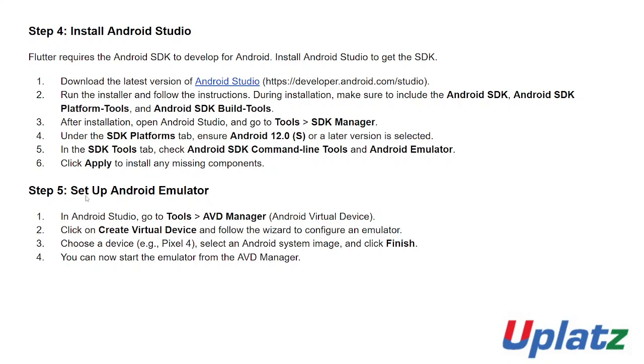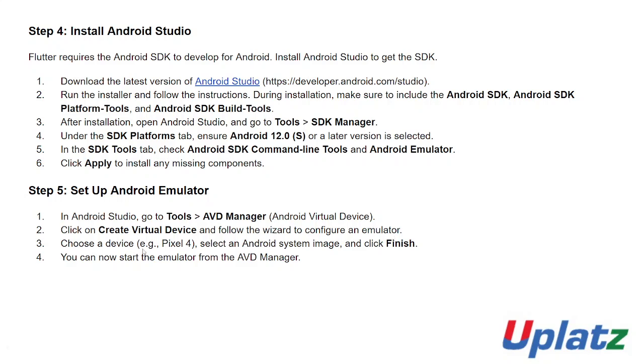Step 5. Set up Android emulator. In Android Studio, go to Tools, AVD Manager, that is Android Virtual Device Manager. Click on Create Virtual Device and follow the wizard to configure an emulator.